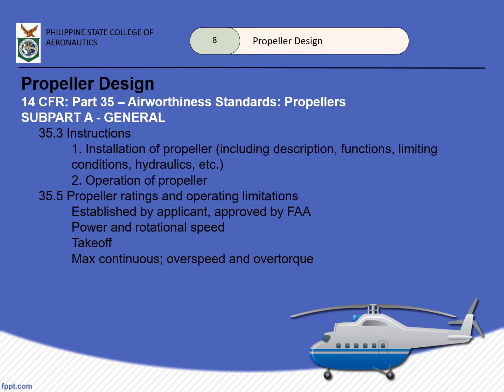Hydraulics and etc. So we also have here under the instructions yung operation ng ating propeller. So 35.5 propeller ratings and operating limitations established by applicant approved by our FAA. So power and rotational speed, takeoff, maximum continuous overspeed, and over torque. So andyan siyang part.